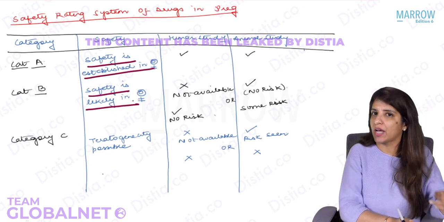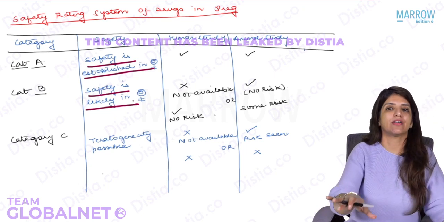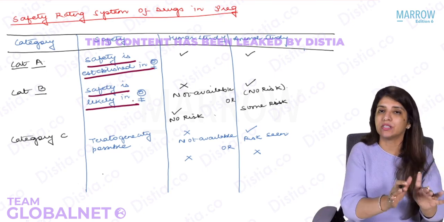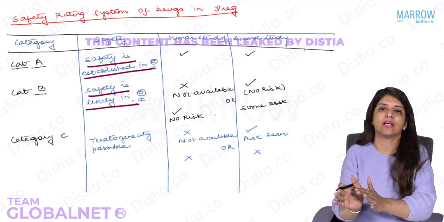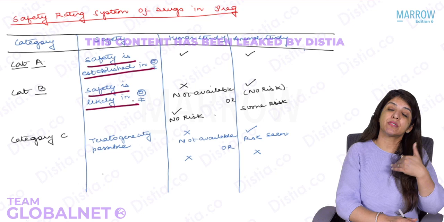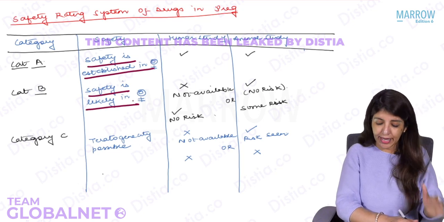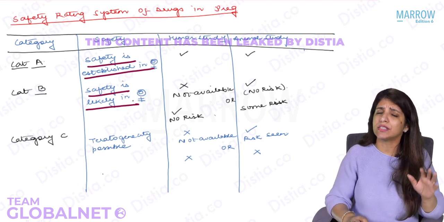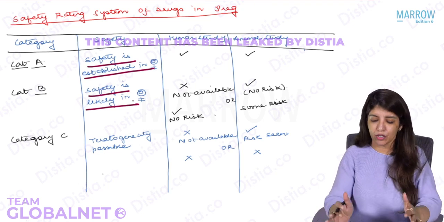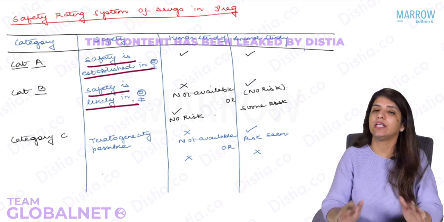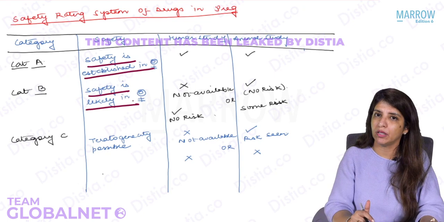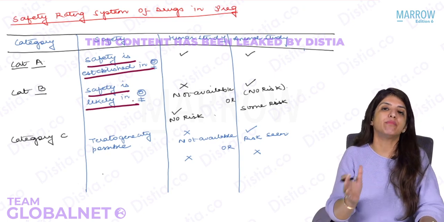So either we don't have human study and animal study results are showing no risk, or we have both human and animal study, human study is saying no risk, animal study is saying some risk, then we put it in category B. Then comes category C. In category C, teratogenicity may be a possibility, right? And this is because we don't have any human study available and animal study is available and it is showing that some risk is there.